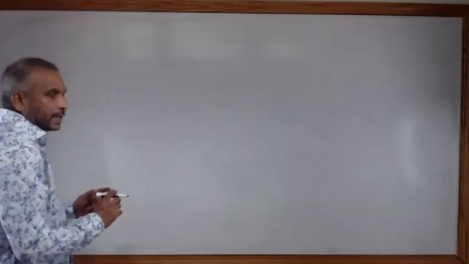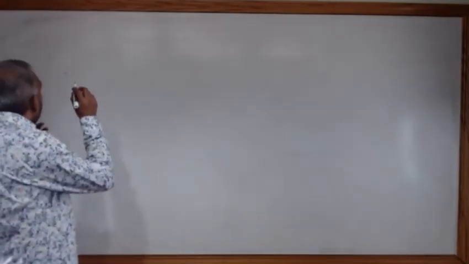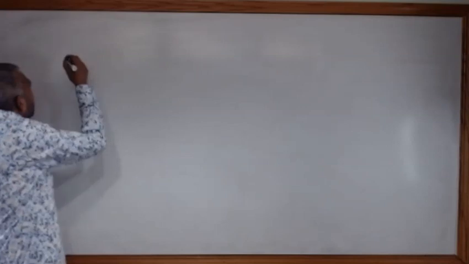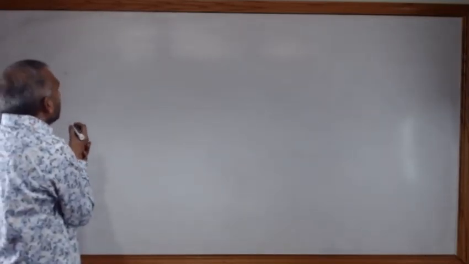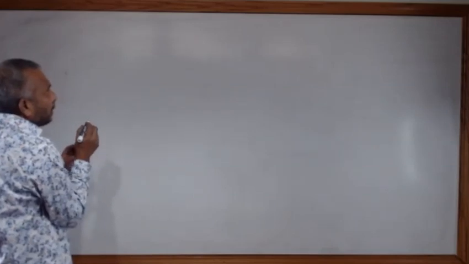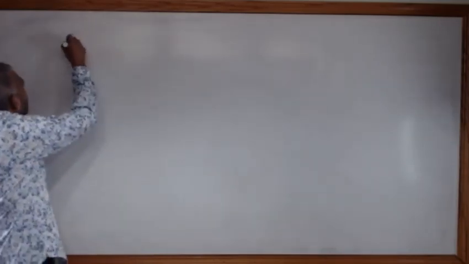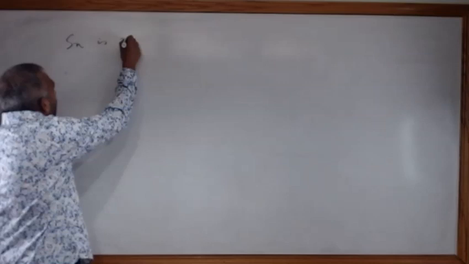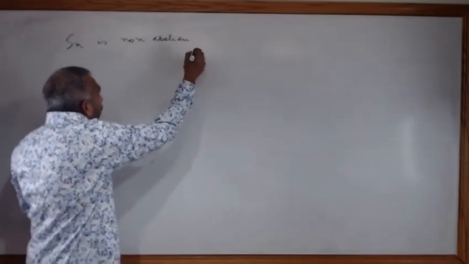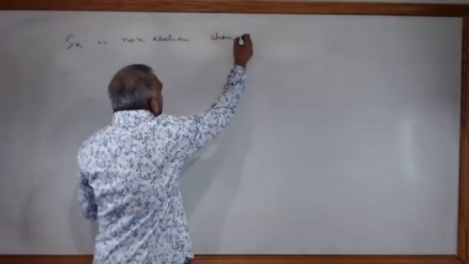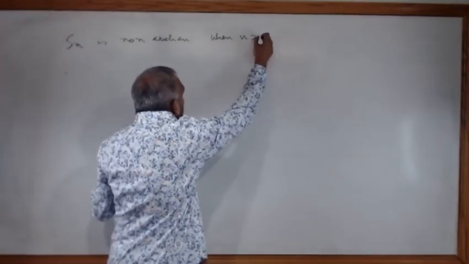So our next attempt is to show that Sn is really a non-abelian group when n is greater than or equal to 3. So Sn is non-abelian when n is greater than or equal to 3.